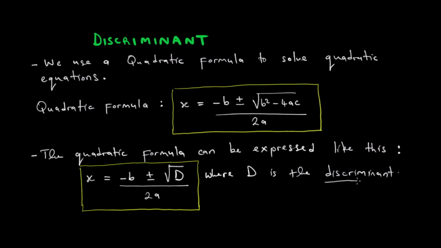Saka d iyo ndio ingeri discriminant. What does this mean? Therefore, the discriminant d is equal to b squared minus 4ac. Saka amadzangu chinonzi discriminant ndi b squared minus 4ac, kana kuti zvinenge zviri pasi pe the square root inside the quadratic formula.